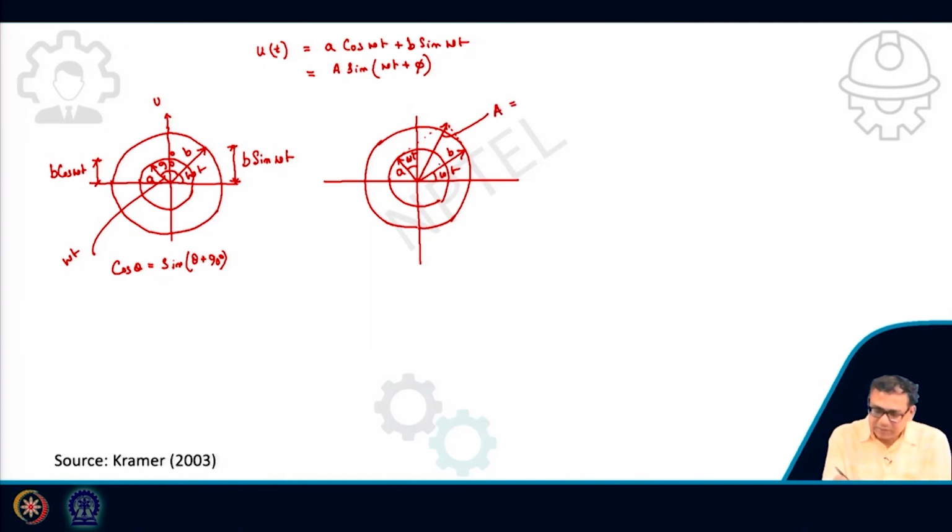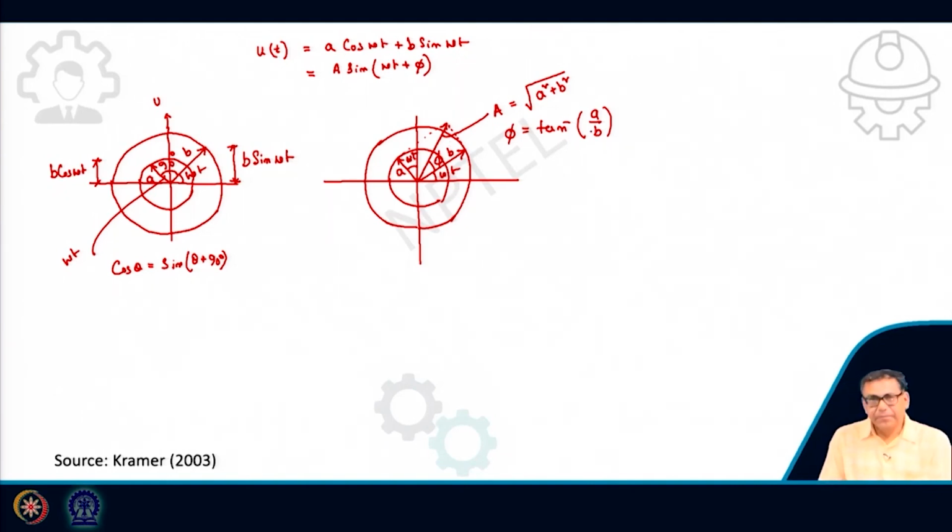This is the resultant, so this will be root over a square plus b square, and this will be my phi angle, which is making with that b. So phi will be equal to tan inverse a by b.